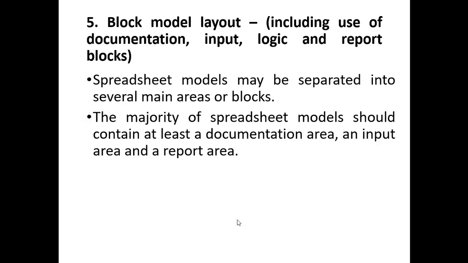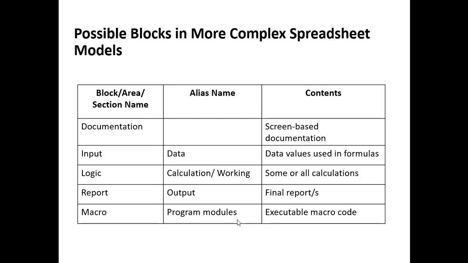So these are the different blocks that you would find in a very comprehensive model. But in the models what we may be developing, most of the time you would find that the input area would be there and also there are certain logics, and in fact these logics are there in the process, and also the report or the output.